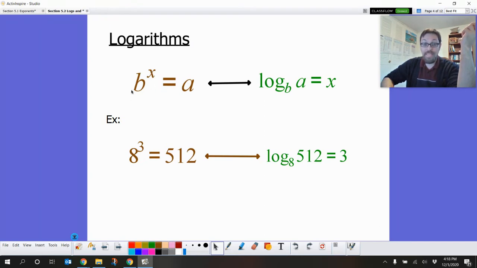So b to the x equals a would translate into log base b of a equals x. I'll say that again. b to the x equals a, log base b of a equals x. You want to treat this as another language. This and this are saying the same thing, just in a different way.